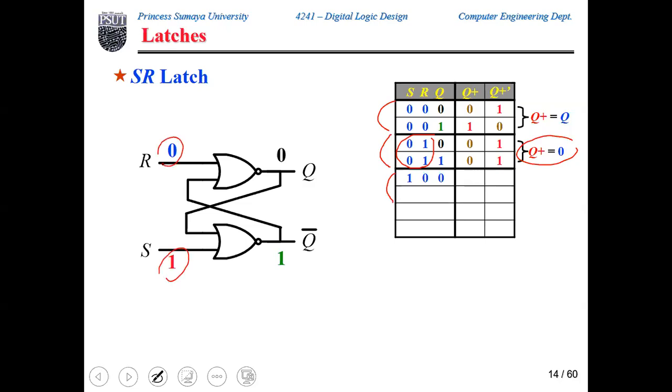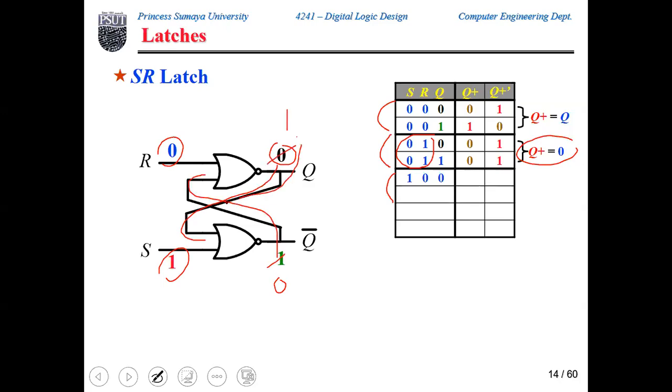Okay, so the third case now is when S and R are 1 and 0, for different values of Q. If the initial value is 0 and we make R 0 and S 1, what is the new value for Q? Let's take 0 or 1, 1 complement, this will be 0, 0 or 0, it is 0 complement 1.